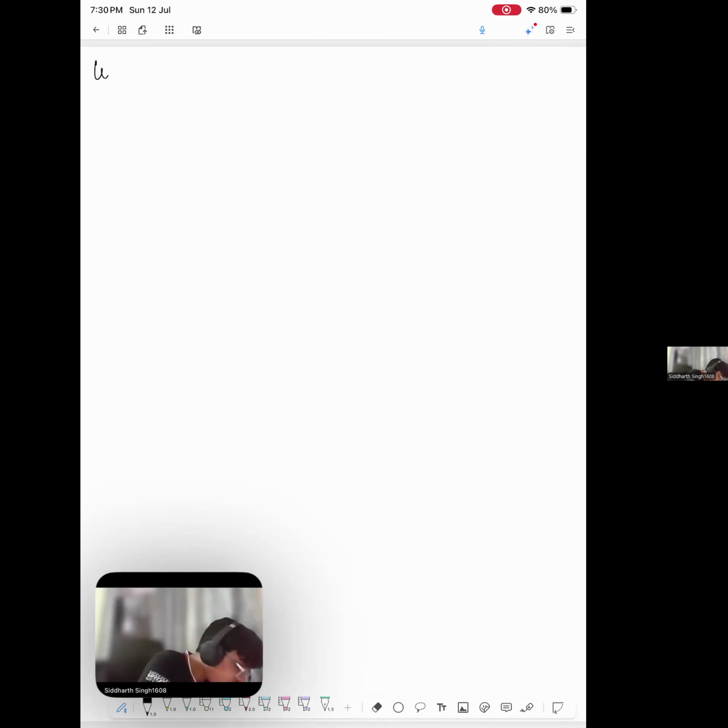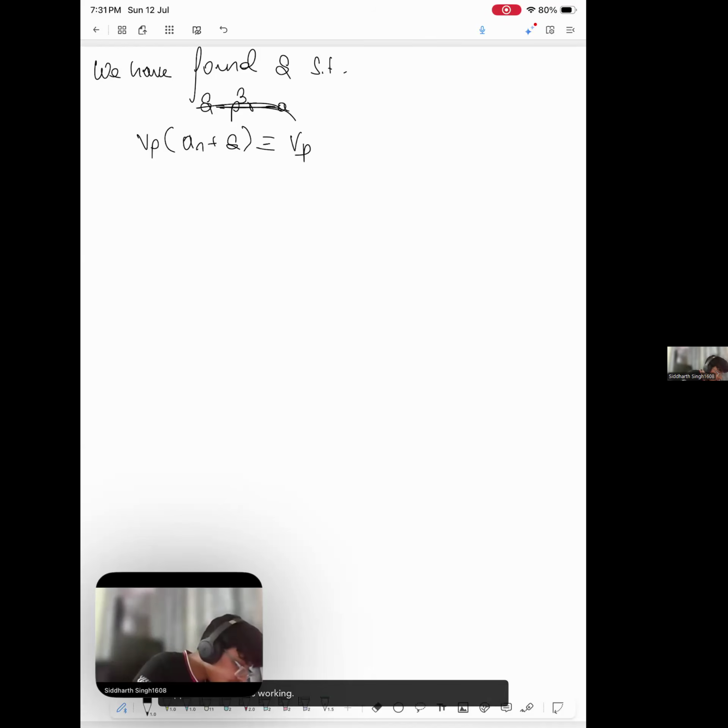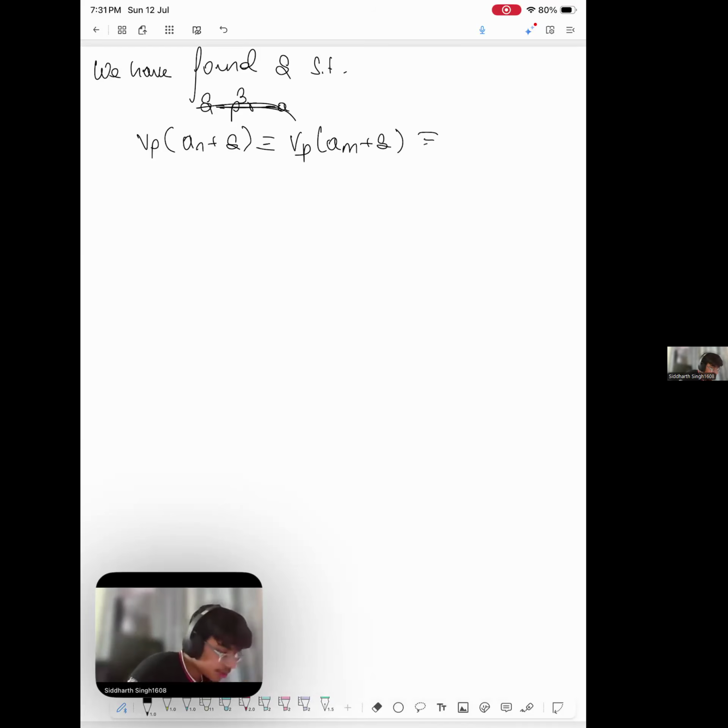Because we have found S such that S is equal to P cube R, and VP of AN plus S is congruent to VP of AM plus S is congruent to 1 modulo 2.